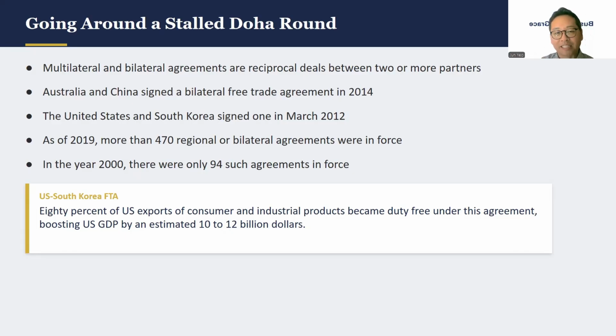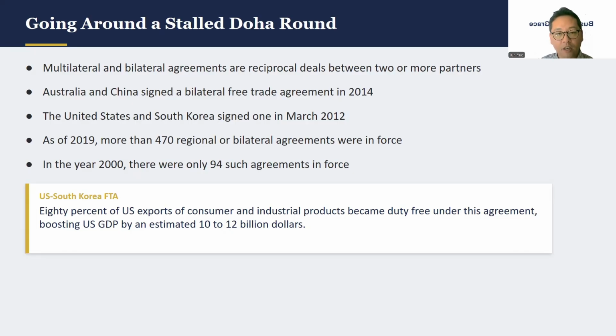Under the Obama administration, the United States also pursued two very large multilateral deals, one with 11 other Pacific Rim countries known as the Trans-Pacific Partnership, and another with the European Union.